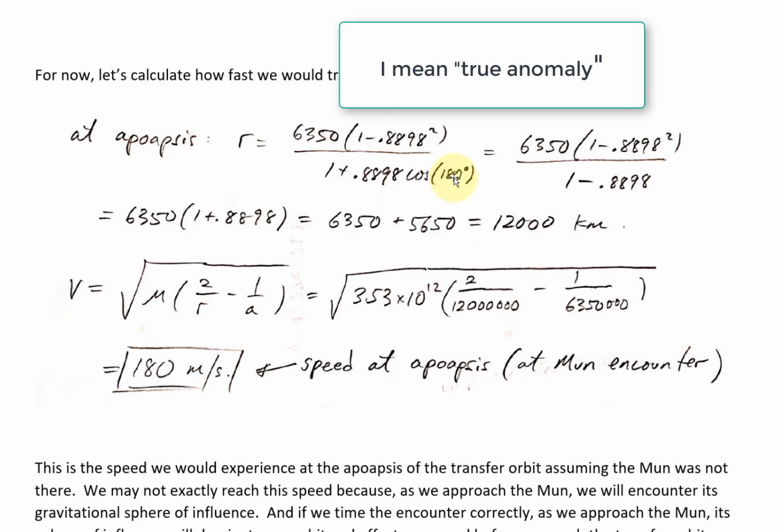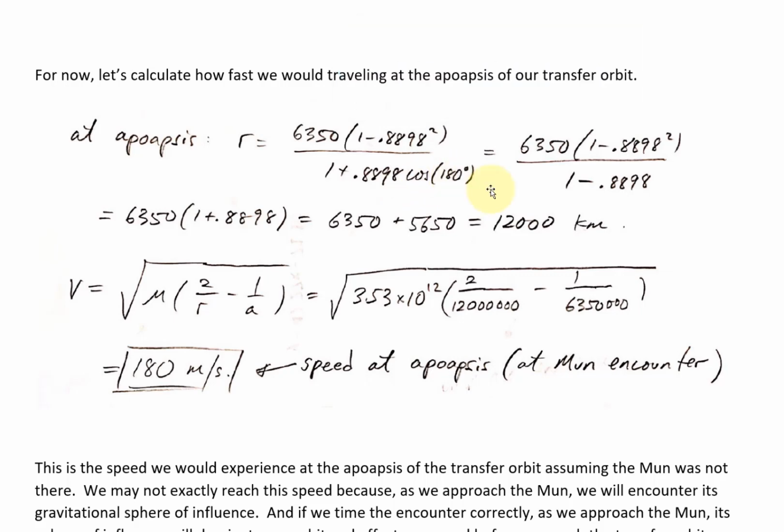And so cosine of 180, yeah, that's -1. That gives me this negative here. This is a difference of squares, and so this 1 minus 0.8898 will cancel with the 1 minus 0.8898 and leave this one factor here, 1 plus 0.8898 times the 6350. Yep, that gives me 12,000 kilometers.